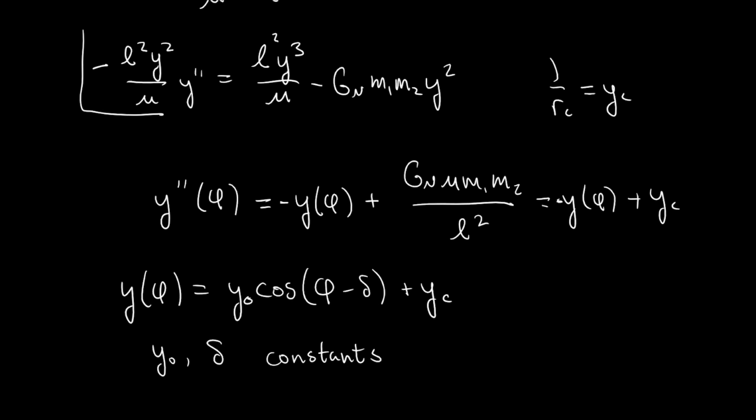Y naught is fixed by our initial condition for y, and delta is fixed by our initial condition for phi.